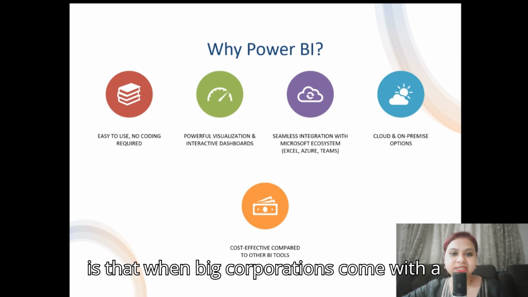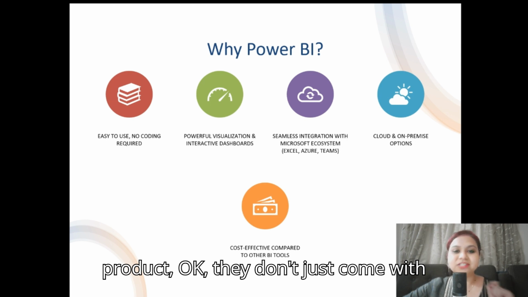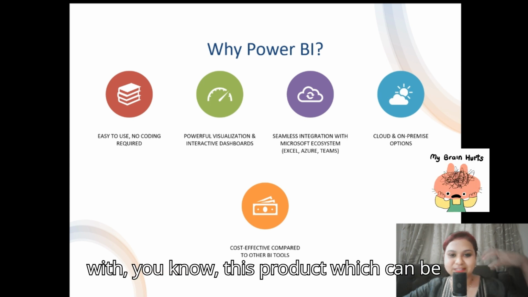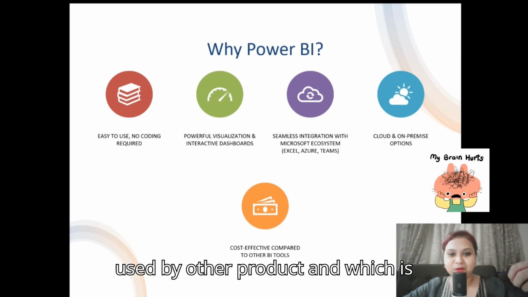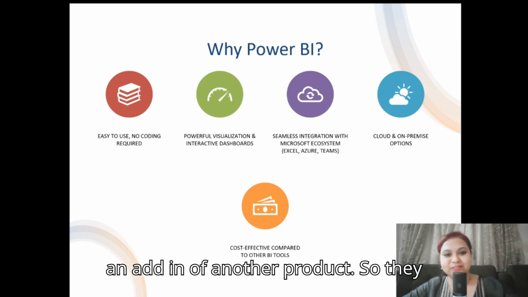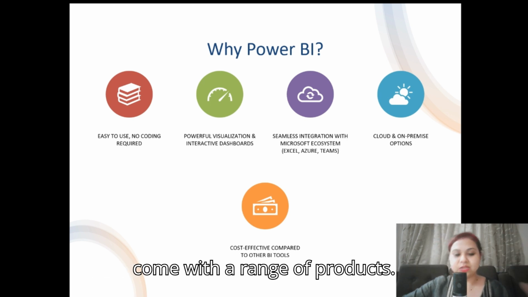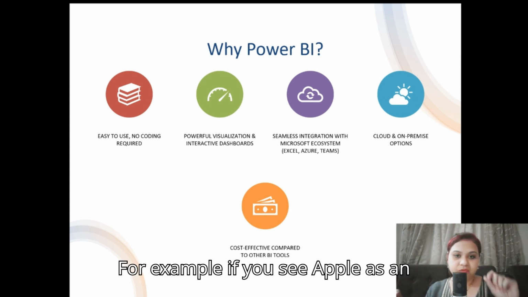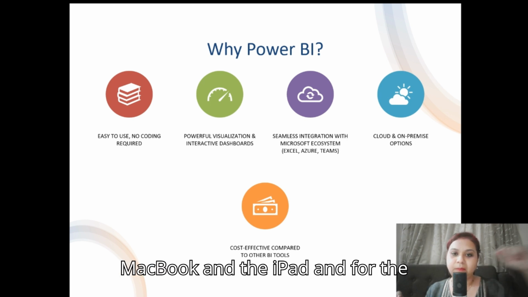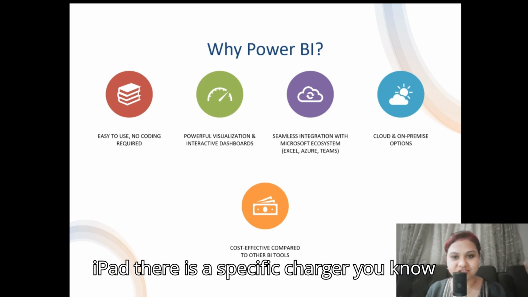When big corporations come with a product, they don't come with just one product. They come with a product which can be used by other products, and for that there is an add-in of another product. So they come with a range of products. For example, Apple came with the MacBook and the iPad, and for the iPad there is a specific charger.